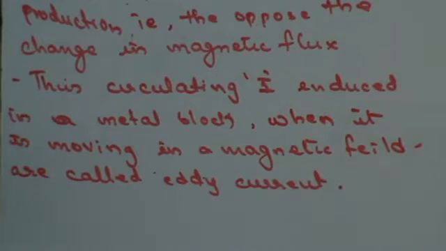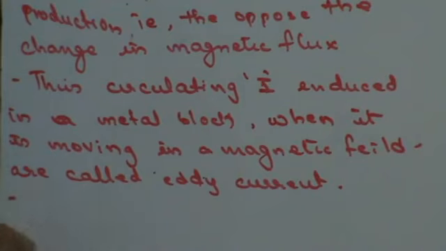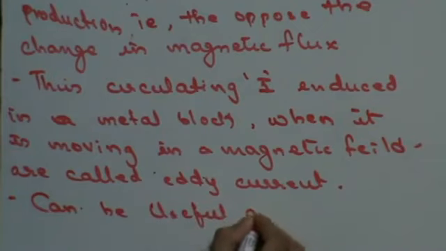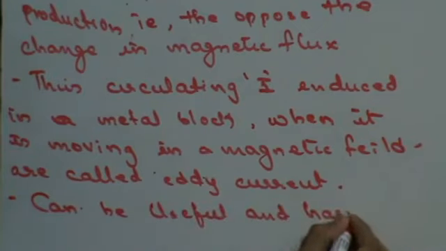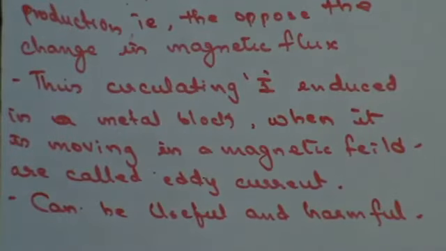Now eddy currents can be useful as well as harmful. For example, in the case of transformers, a large amount of eddy currents is produced in the core of the transformer that causes a large amount of heat loss in the core.